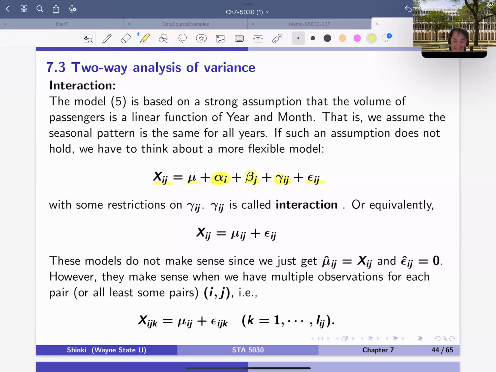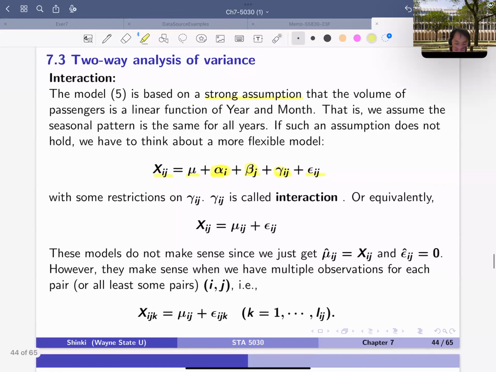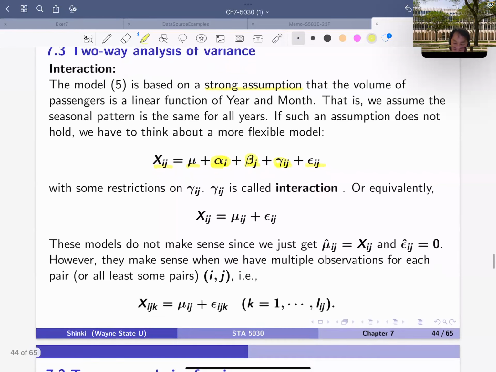So if we don't have this gamma_ij, we have a kind of strong assumption that the volume of yield is a linear combination of two factors, or in the previous example, the volume of passengers is a linear function of year and month.